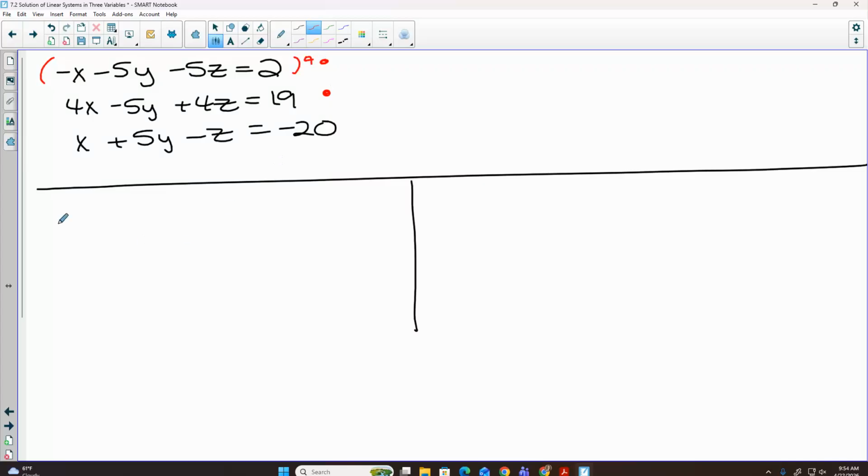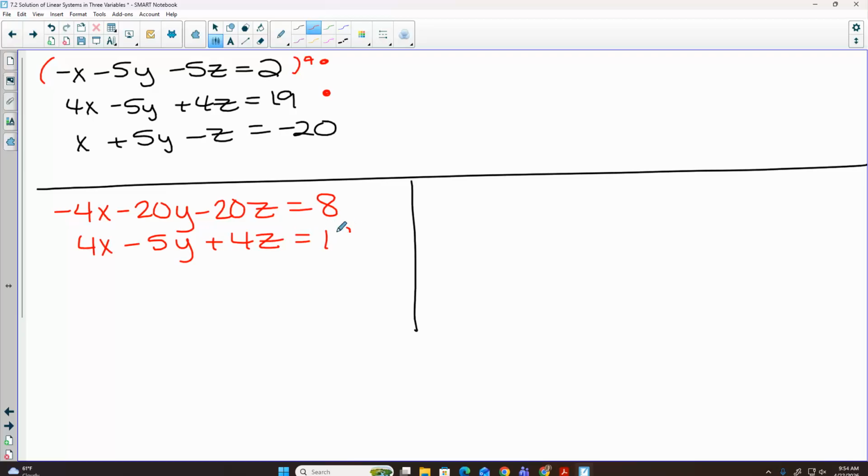Top one times 4. So when we add those together, negative 4x and 4x cancel.